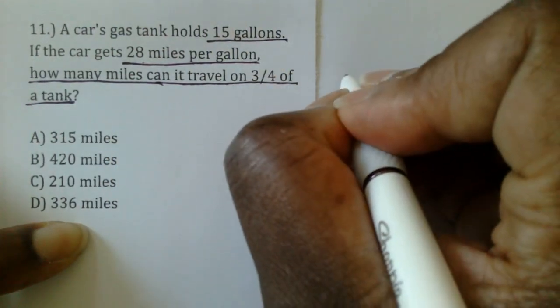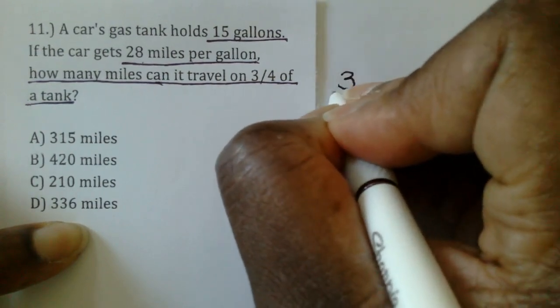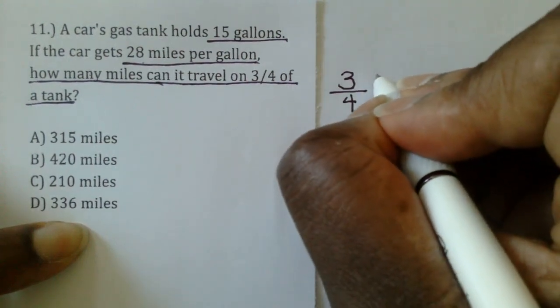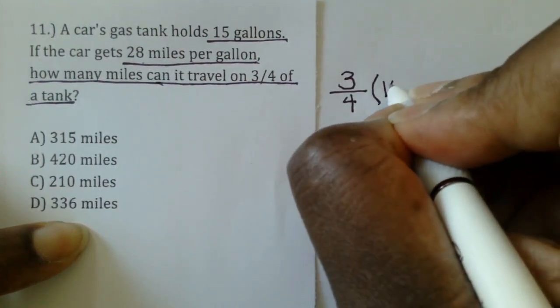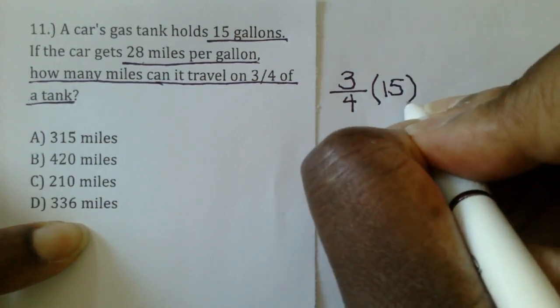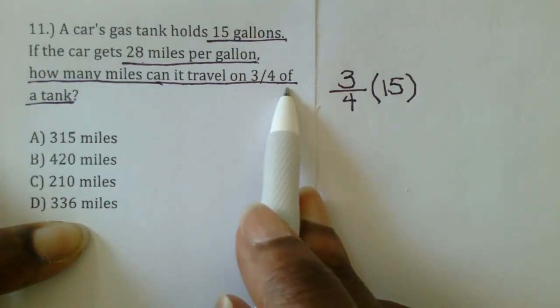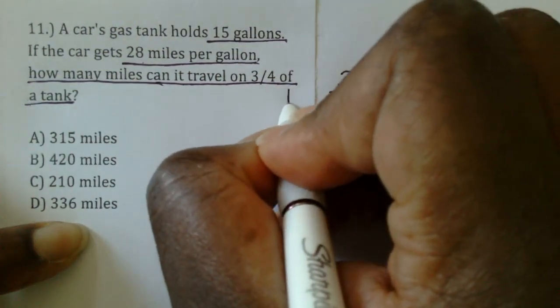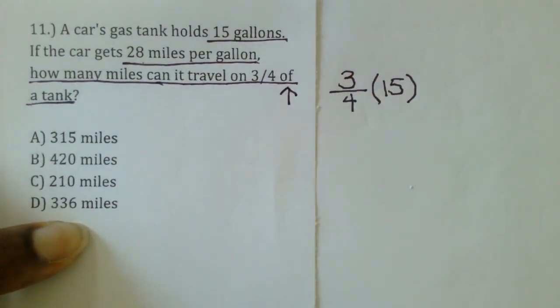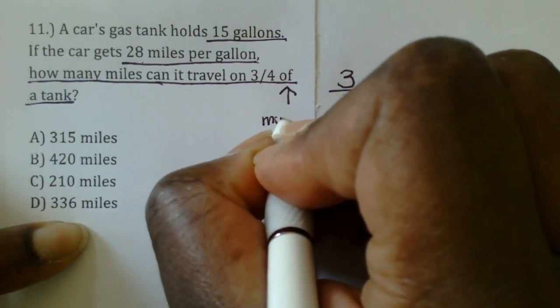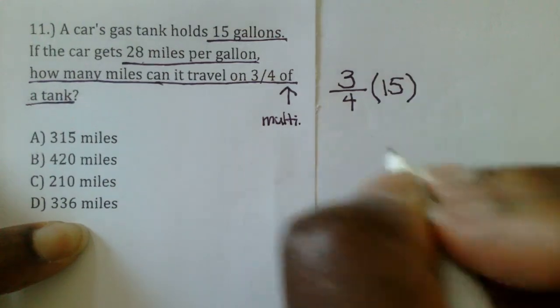So if we're looking at it, we're going to have to take our fraction, which everyone loves, it's okay, and we need to multiply it to the 15. Because we want to know 3/4 of, here's the key word right here. When it comes to word problems, they give us little clues. The word of means multiplication. Okay?